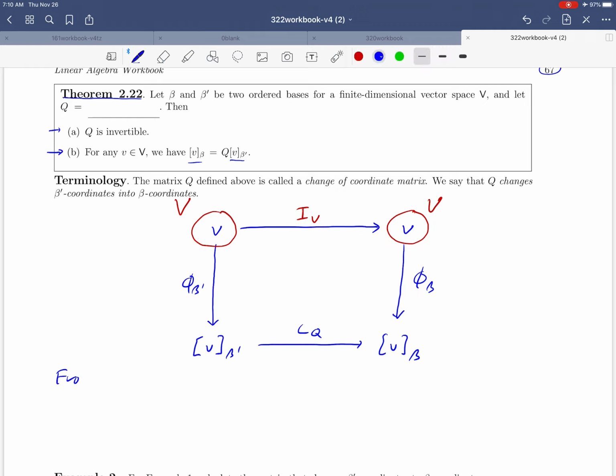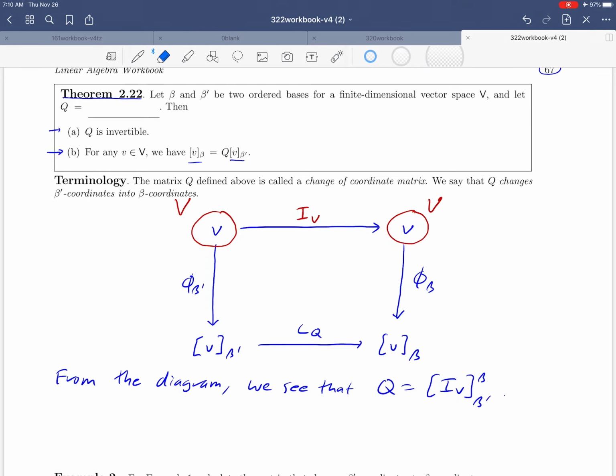So from the diagram, we see that Q is the matrix of the identity transformation taking beta prime coordinates to beta coordinates. So we have just discovered what belongs in the blank up here.